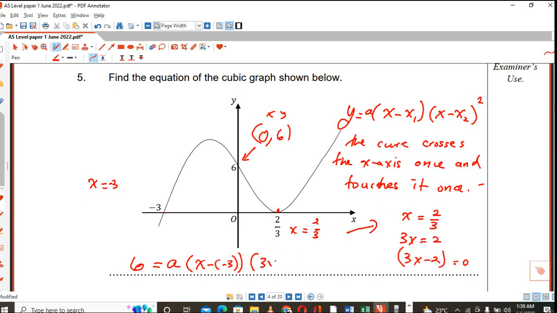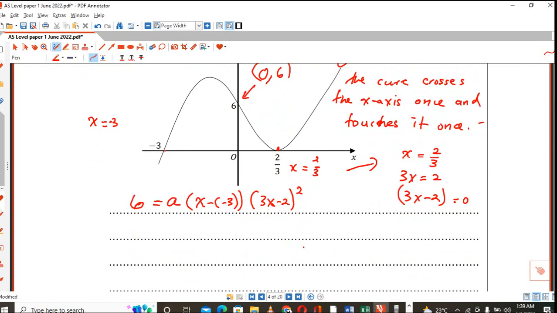So I'm going to write it as 3x minus 2 all squared. This makes my work slightly easier than taking the whole 2 over 3 and putting it there. But again, you can also do that. You will definitely arrive at the same answer if you multiply out your equation. So this is 6 equals a, that's x plus 3, that's 3x minus 2 all squared.